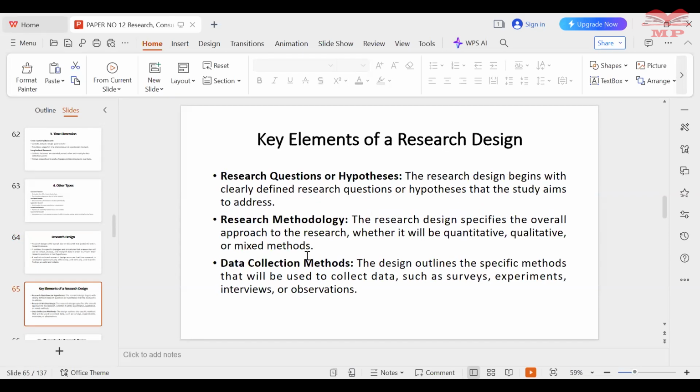Then the key elements of the research design. If you are looking at a research design, then you are looking at the questions or hypotheses that are intended to be tested. A hypothesis, we had indicated, is an intelligent guess of what you think might be the issue.